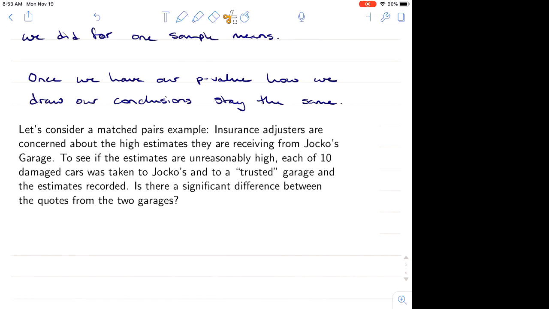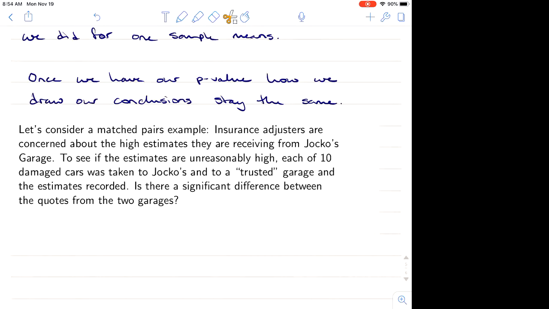So here is where I said, well, the two-sided test, right, gets a little clunky, right? Because I have to ask, is there a significant difference between these two garages? Garage 1, is it different from garage 2? Or is estimate 1 different from estimate 2?